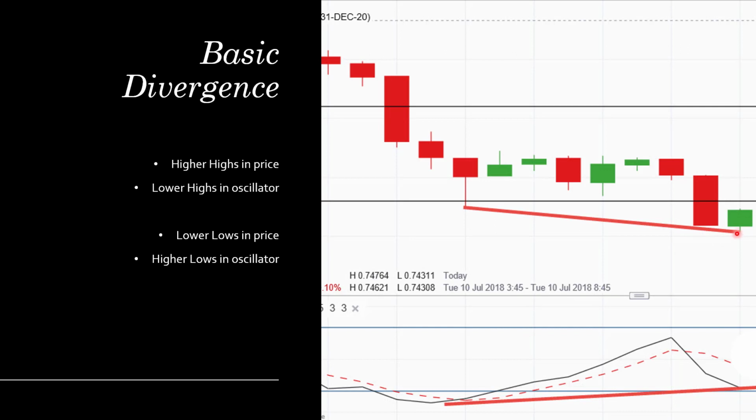So here, this low is lower than this low in price, but as you can see in the stochastics it is actually higher. This is indicative that the market is going to retrace, potentially even reverse.